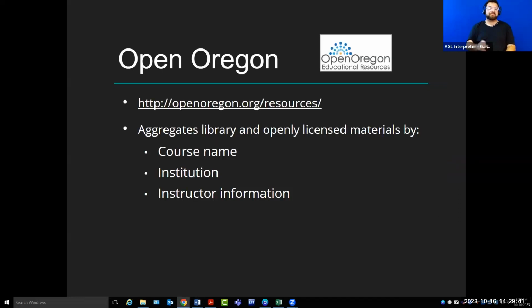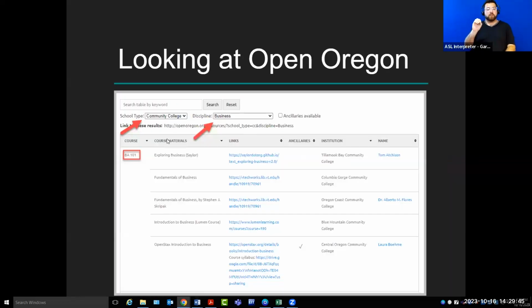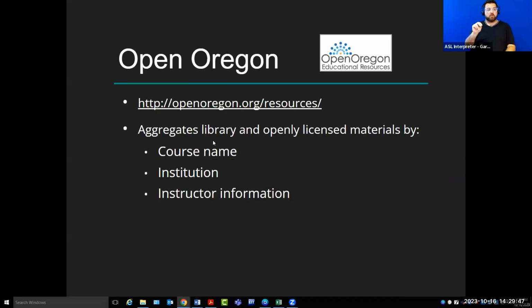Okay, and then the next one is Open Oregon. This one is an aggregated library of openly licensed materials, and you can search by course name, by institution, by the instructor information on this one.